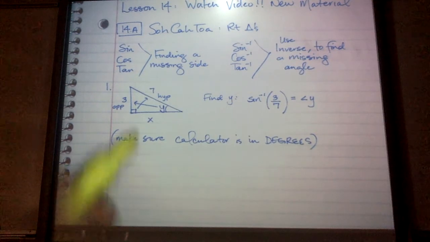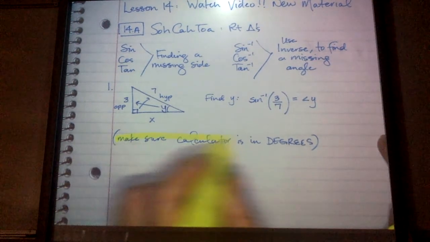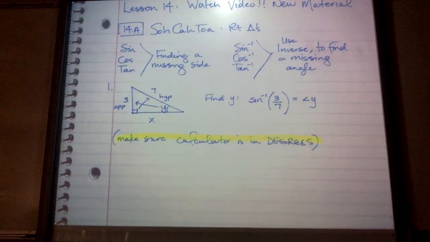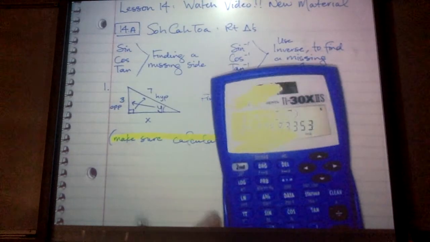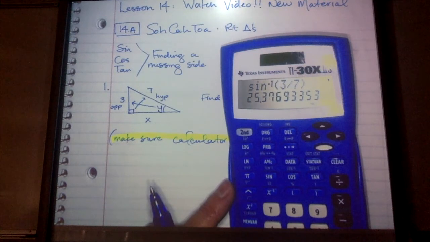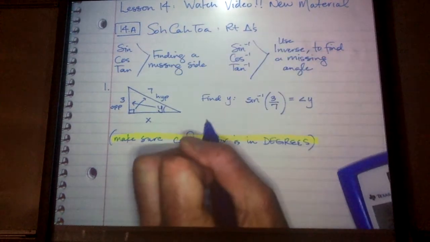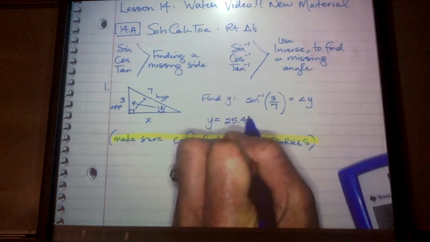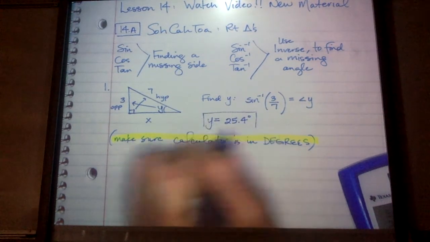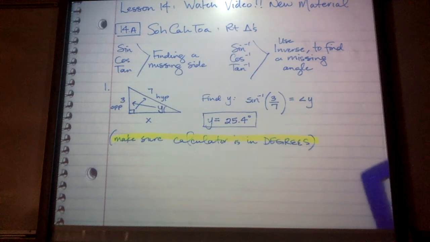So make sure if you're looking for an angle that your calculator is in degrees. So mine gave me 25.37. Typically I round to the nearest tenth. So I would say that Y equals 25.4 degrees. Make sure you put degrees on the angle you're looking for.